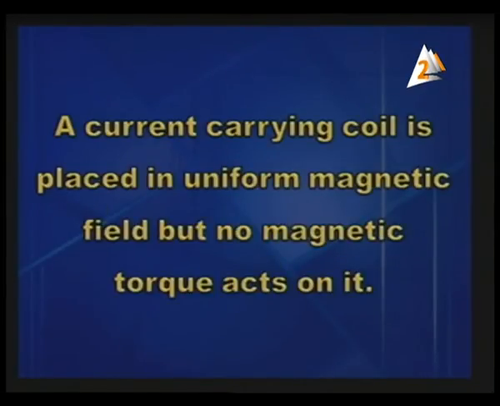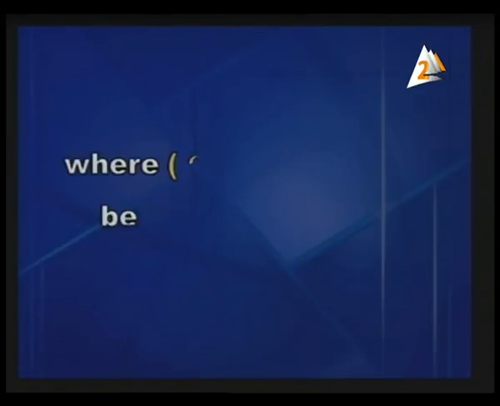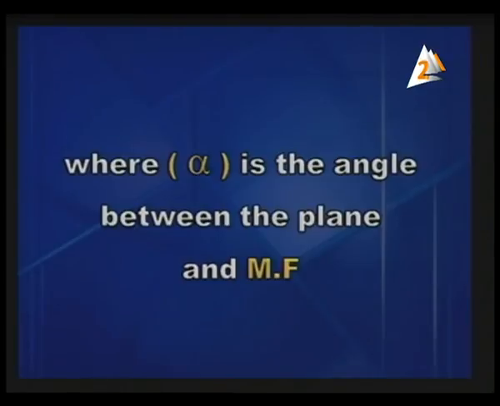Another give reason: a current carrying coil is placed in a uniform magnetic field, but no magnetic torque acts on it. It must be placed in the vertical position. Torque is given from the expression BIAN cosine alpha, where alpha is the angle between the plane and the magnetic flux lines.